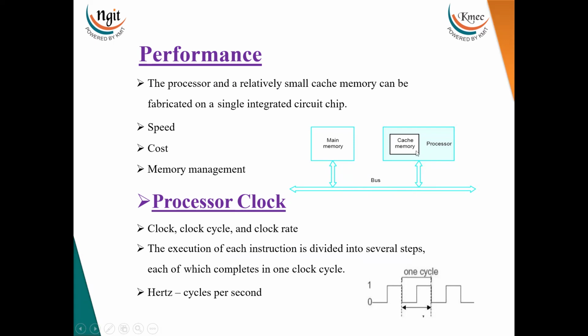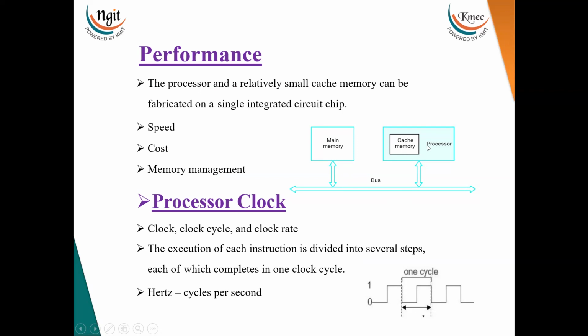So instead of that, if we introduce a cache memory, which is a semiconductor memory with very high speed and very small capacity. Whenever the processor fetches information from the main memory, it is copied into the cache memory.